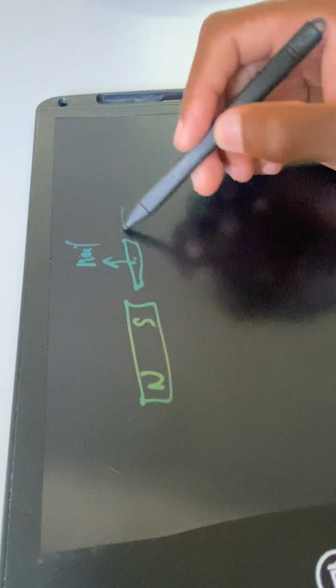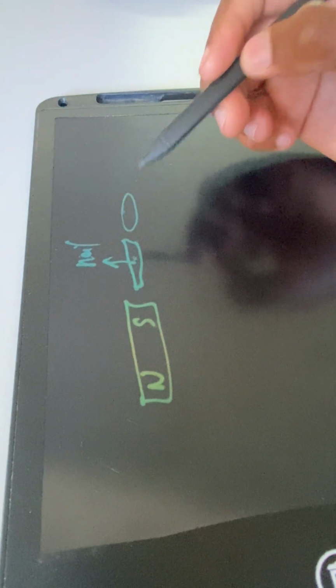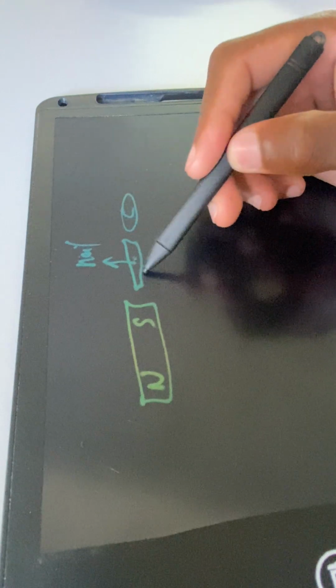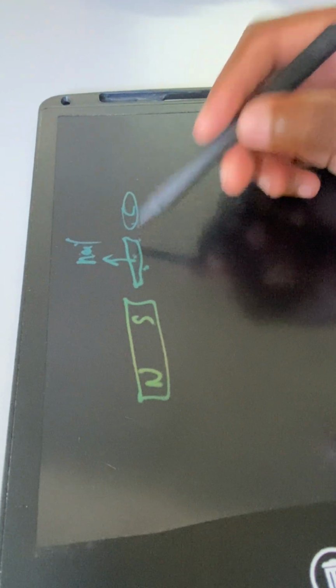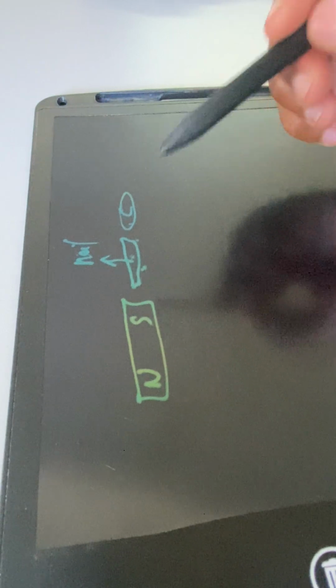If you bring a paper clip or another magnetic material next to the nail, it is going to be attracted. So now the nail is being magnetized, so it contains magnetic properties. So these are the two major ways that we can use to magnetize a material such that it contains magnetic properties.